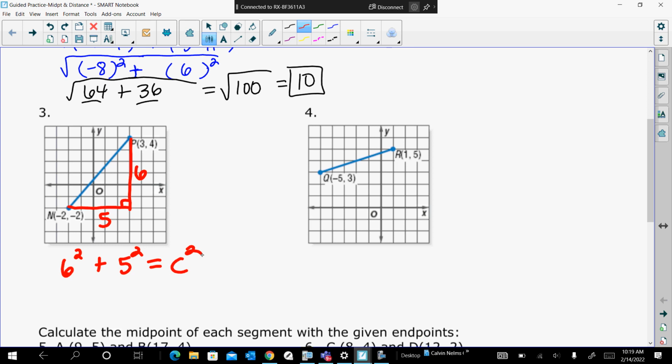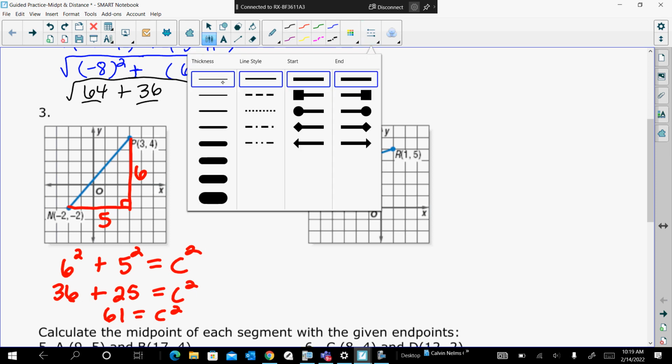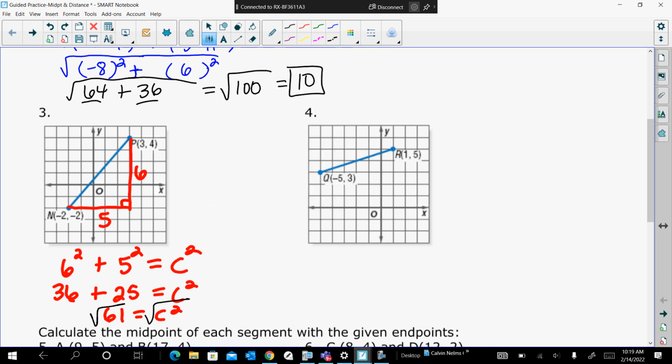All right, what is 6 squared? 36. So 36 plus 5 squared, 25, that's going to equal my c squared. When I add these together, I get 61 equals c squared. But to get the c, you have to take the square root. So c equals the square root of 61.